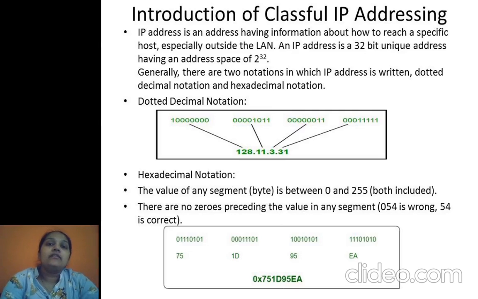The figure shows you the decimal conversion of binary notation. The second notation shows you the hexadecimal conversion of the binary address space. So these are the two notations used in IP addresses.